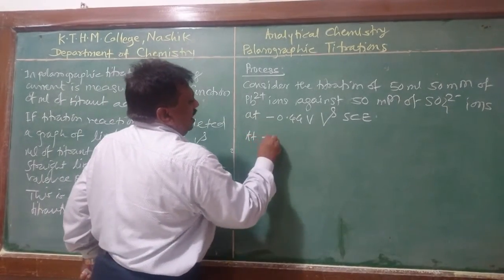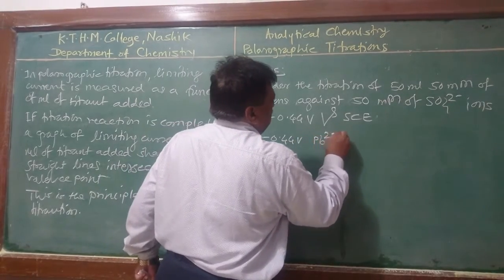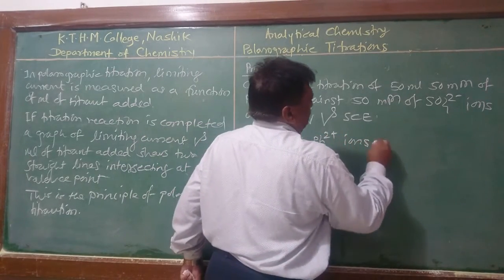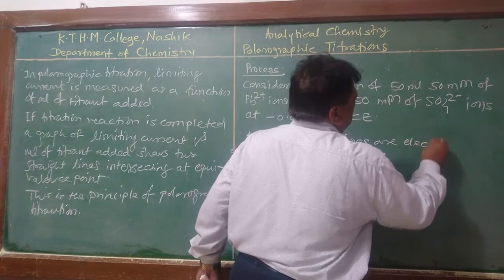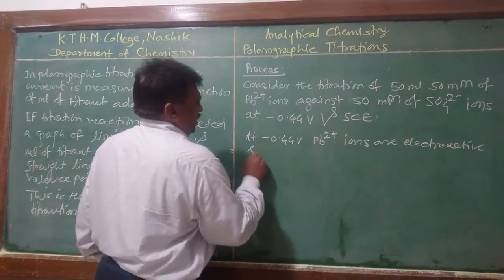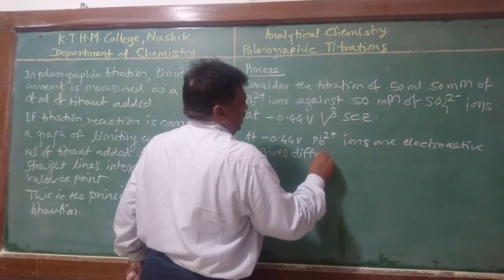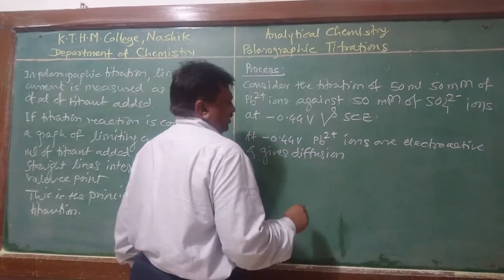At minus 0.44 volt, Pb2 plus ions are electroactive and give diffusion current or limiting current after reduction.